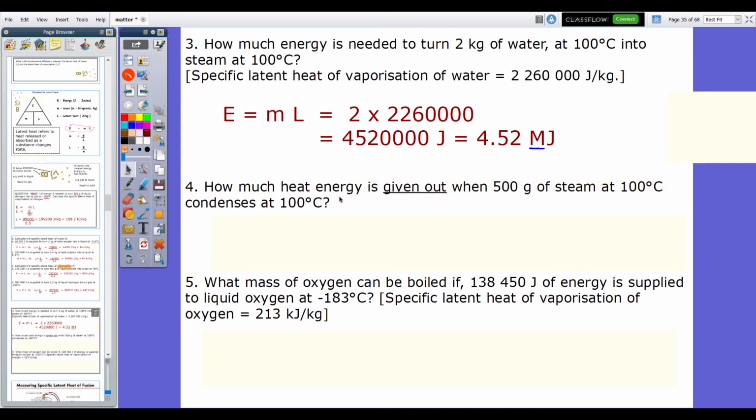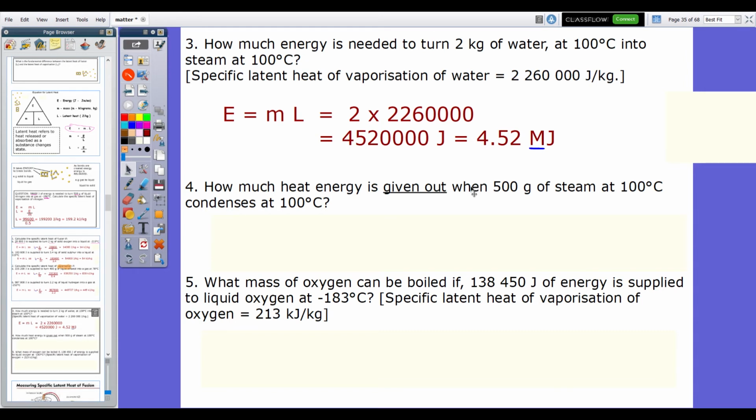How much energy is given out when 500 grams of steam condenses? Now, this is really the same calculation, but just in reverse. Clearly, if you need to add energy to water to make it into steam, well, when steam converts into water, it's going to give up its energy.